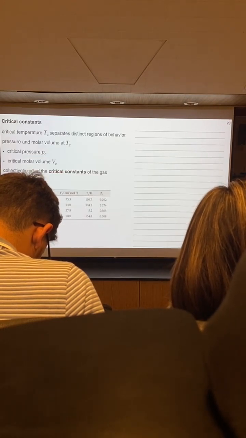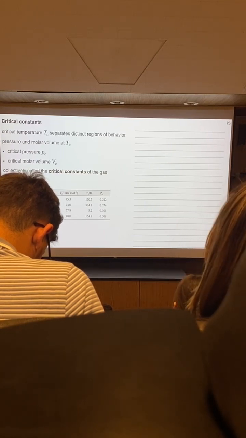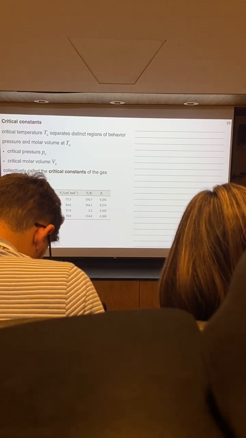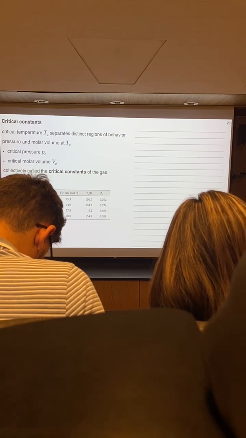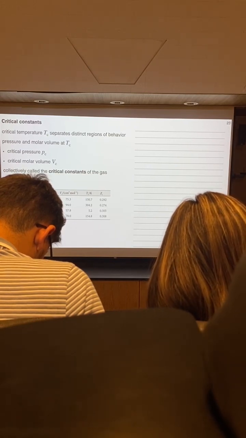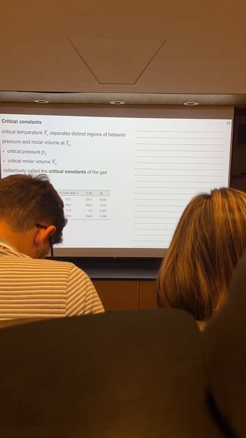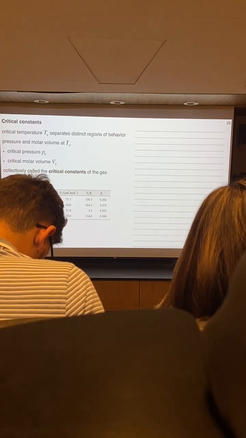Just mention this point. This critical temperature is important because it separates these distinct regions of behavior, and the pressure and the molar volume at the critical temperature, at this inflection point on the isotherm, define my critical pressure and my critical molar volume.